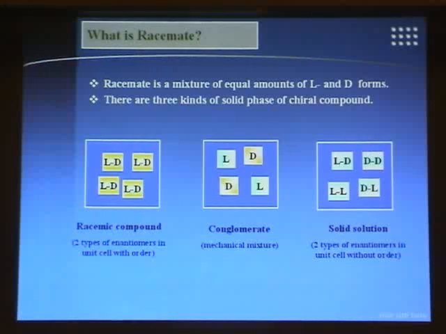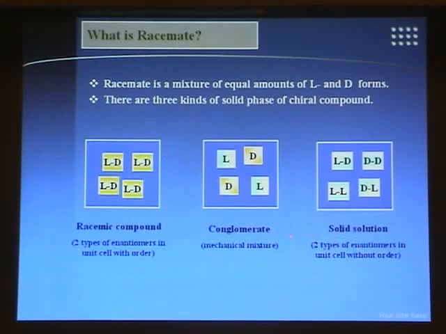You can see here, for conglomerates, each crystal has one chiral configuration, L or D, and they are a mechanical mixture. But for a racemic compound, the unit cell consists of two chiral enantiomers, D and L, with a fixed order, for example LD, LD, LD.